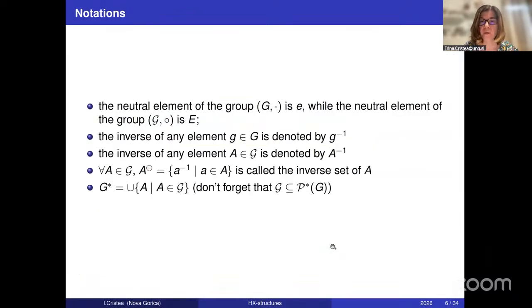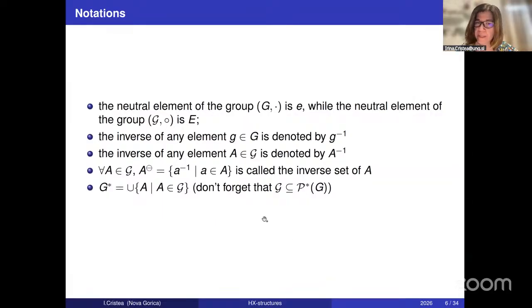Sorry. The inverse of any element in the initial group is denoted by g^-1. But here we also have the inverse of any element of the HX group, denoted by A^-1.